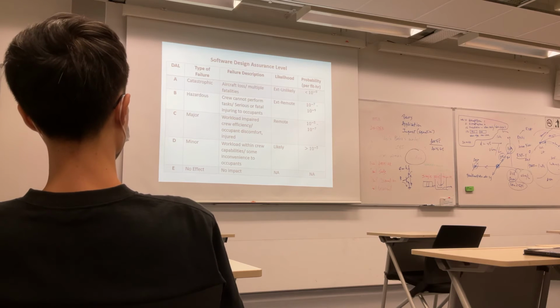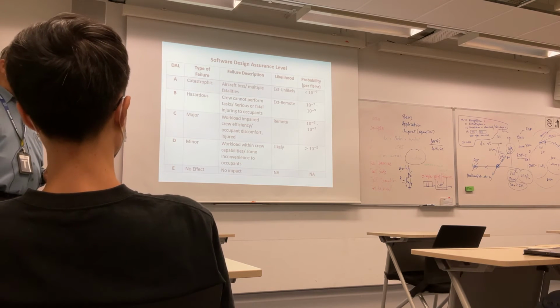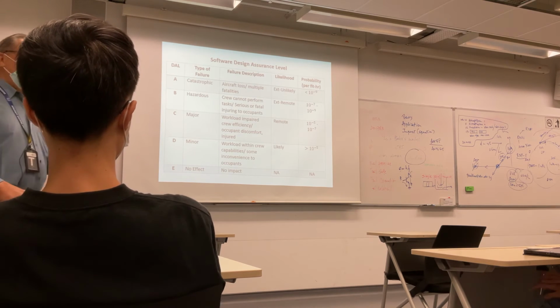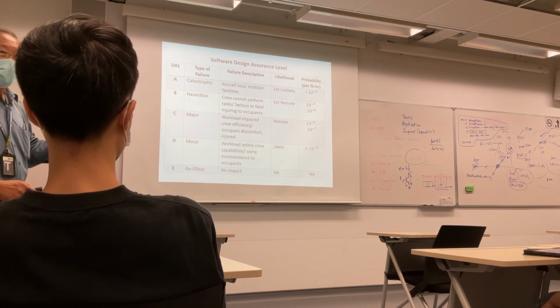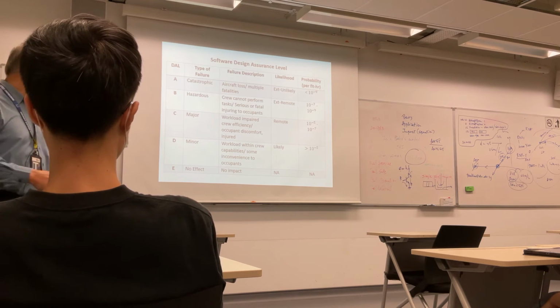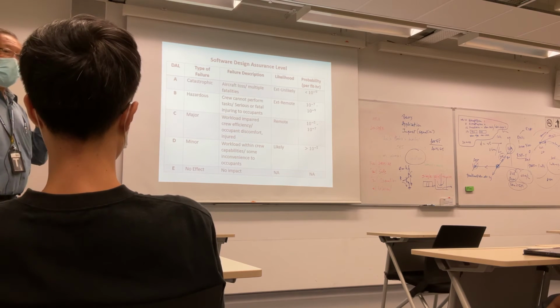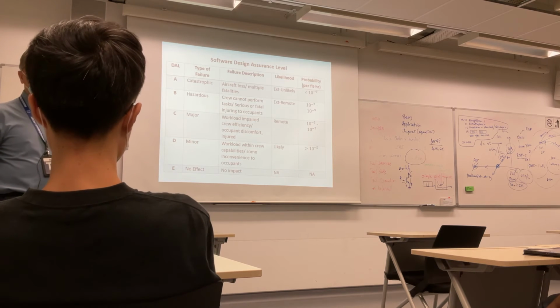So what happened in the 737 MAX? They designed a single point failure. You are not allowed to have a single point failure if your software is classified as catastrophic or hazardous, A or B. So Boeing violated this rule.